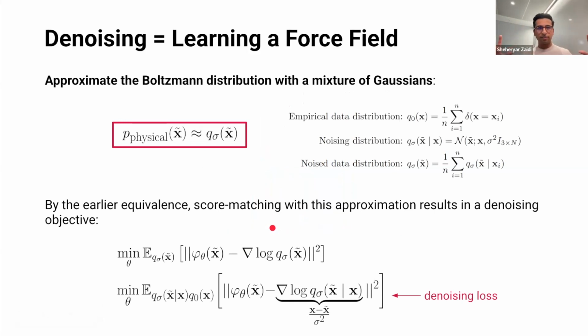So the one-line summary of everything I've talked about is that if you want to learn the forces, then learning the forces can be phrased as score matching with the Boltzmann distribution. To do the score matching, you apply this one approximation, and then you end up with a denoising objective. So that's the link there.